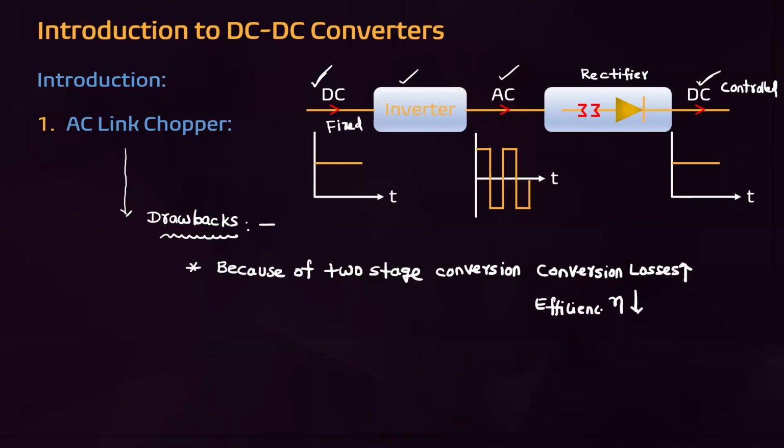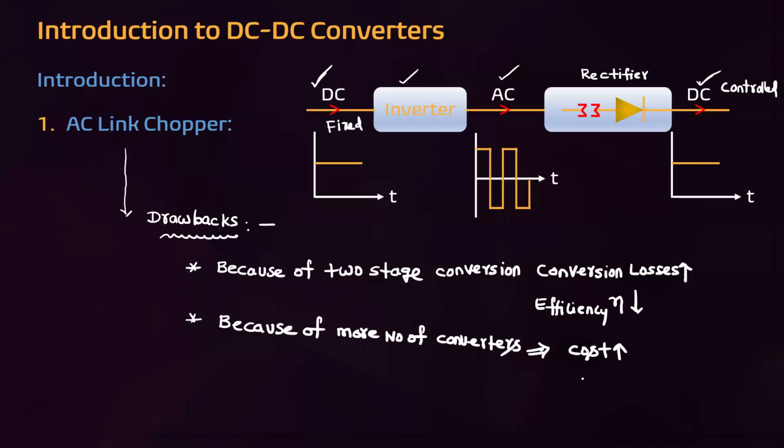Efficiency decreases. That is one drawback. One more drawback is that because of more number of converters, the cost increases, and it occupies more space.